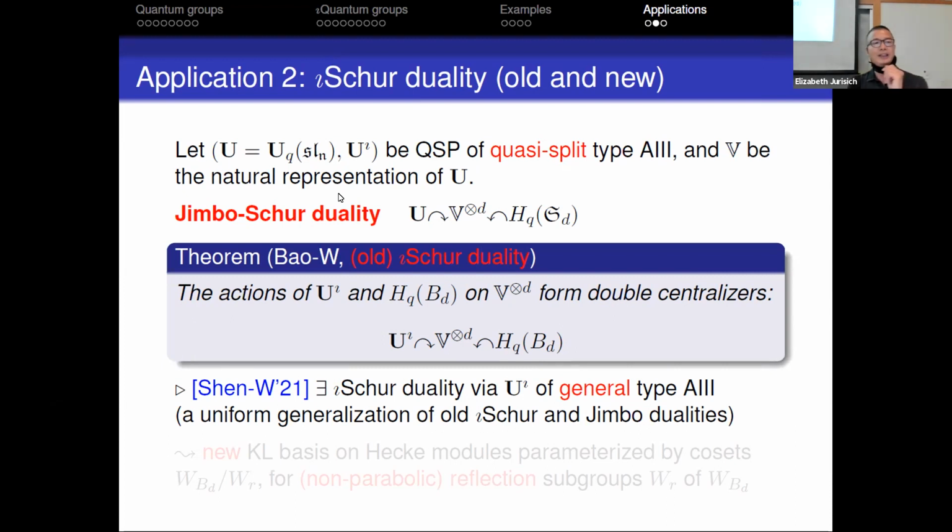What I want to remark here is in Yaolong's new work on the arXiv, turns out there's a new version of this iquantum duality, which unifies both Jimbo duality and this older version of iquantum duality. It uses the type AIII iquantum group of general case.